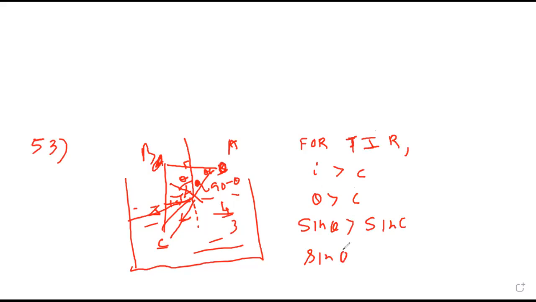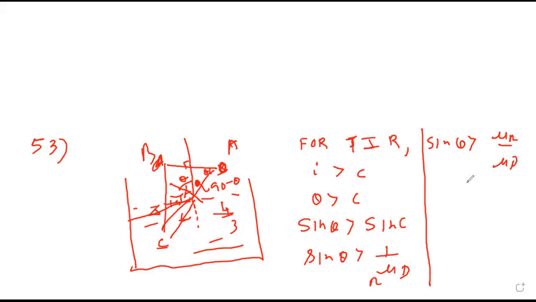Therefore, sine theta is greater than 1 upon refractive index of denser with respect to rarer, so sine theta is greater than rarer upon denser. Here rarer is water and denser is glass. Water is 4/3, glass is 1.5, that is 3/2. So the answer is greater than 8/9. Very important. Option A, sine theta greater than 8/9.